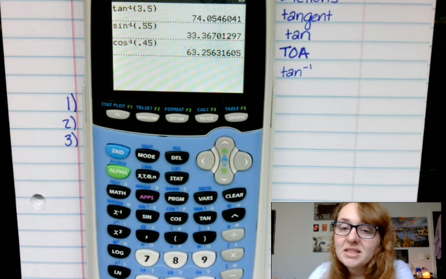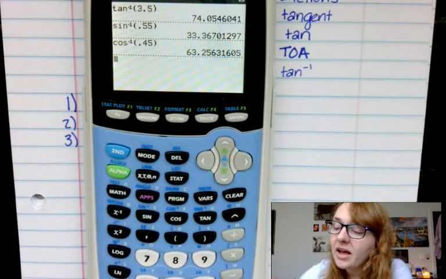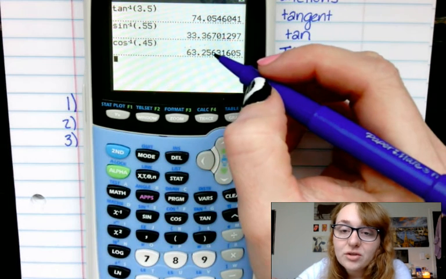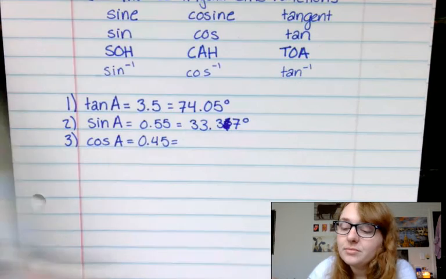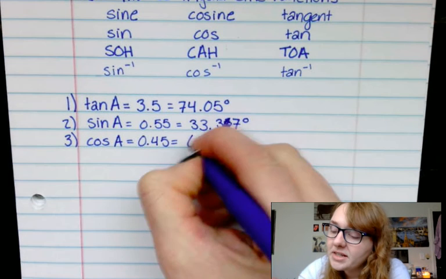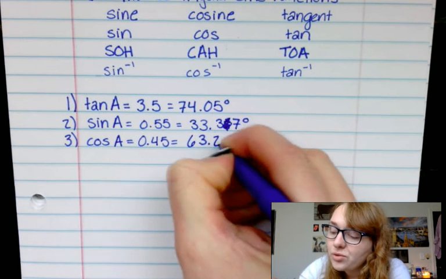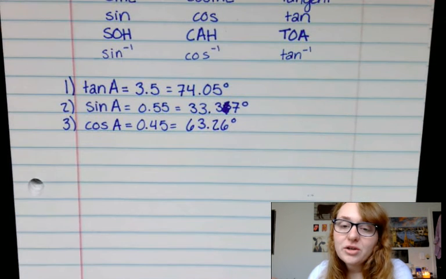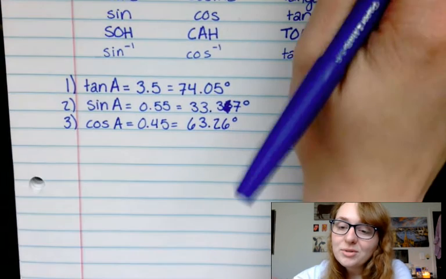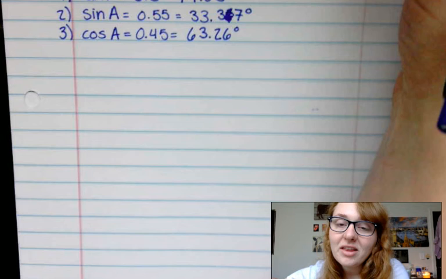We get 63.25. And since the number after the 5 is greater than a 5, we're going to round up that 5 to a 6. So we have 63.26 degrees.